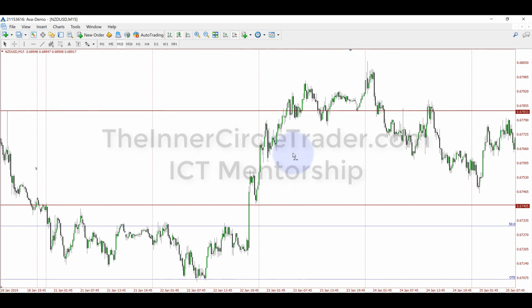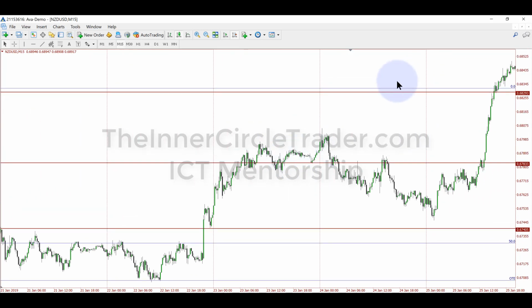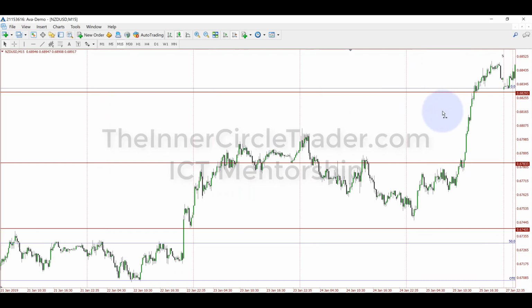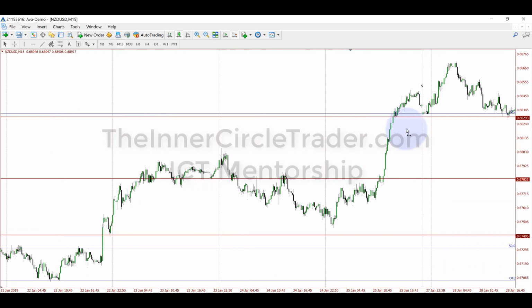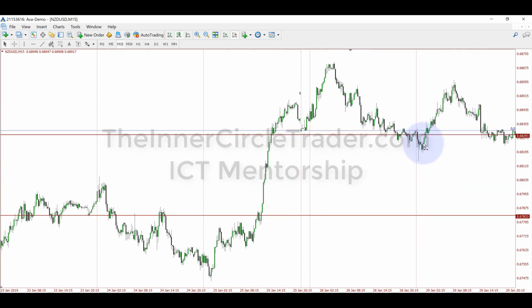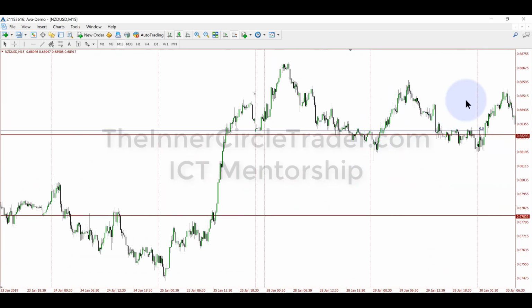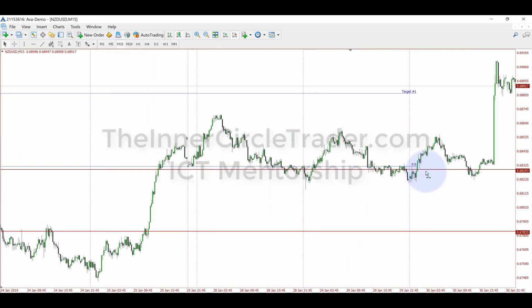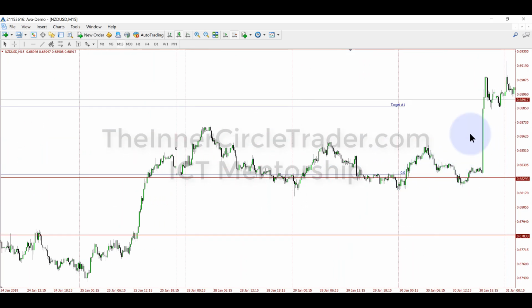Retraces. Runs the Wednesday of the previous week's high here. Comes back down, finds some support at the Wednesday high. Look at all the price action around that Wednesday high that we outlined. Go back and watch the recording. And then look at the response again. Boom, takes off.